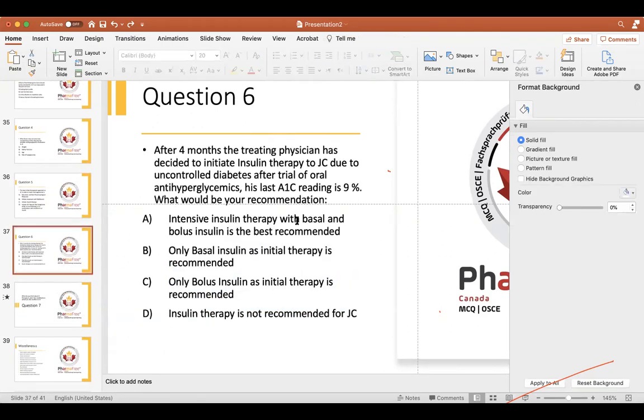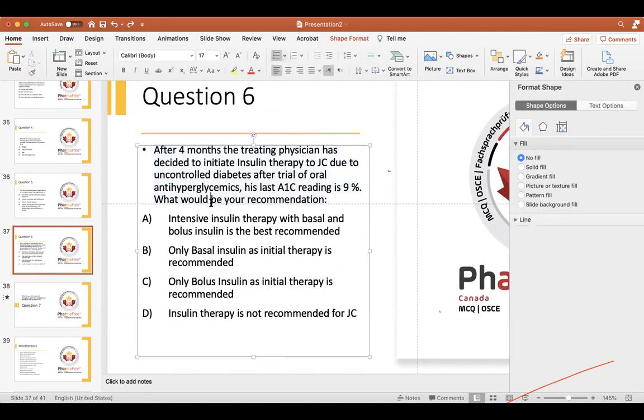Okay, let's go to question six. After 4 months, the treating physician has decided to initiate insulin therapy for JC due to uncontrolled diabetes after a trial of oral antihyperglycemics. His last A1C reading is 9. What would be your recommendation? Yes, so the doctor decided to initiate insulin therapy for this patient after 4 months of metformin, of course.